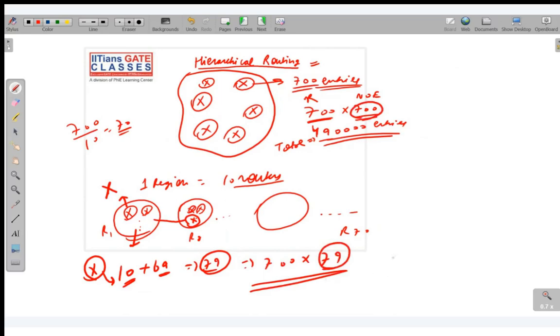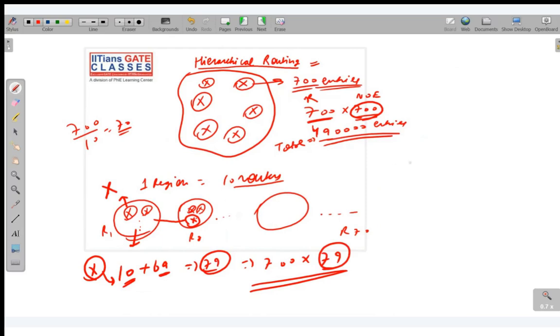Now, in the same way, we can make a multi-level hierarchy also. This is one hierarchy, that means we have regions. Then we can make clusters also. For example, I can say with 5 regions we will make one cluster.